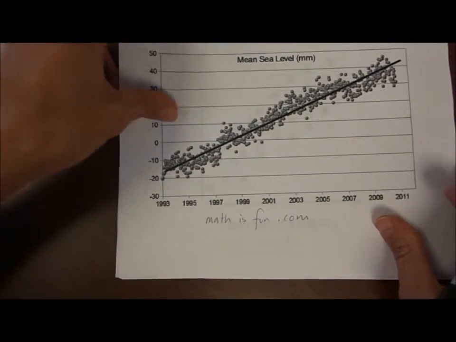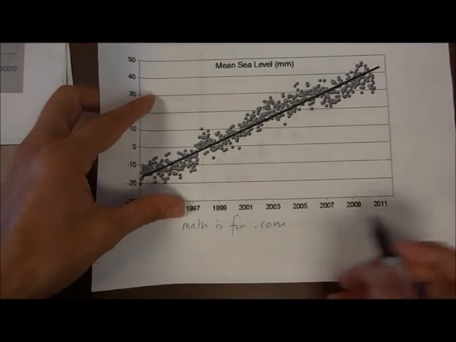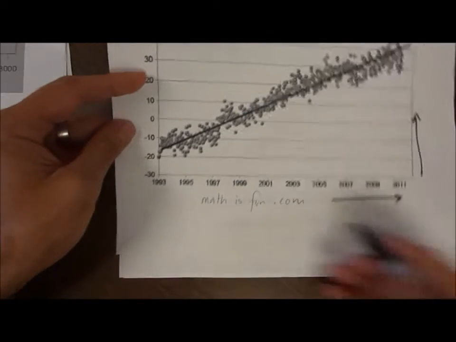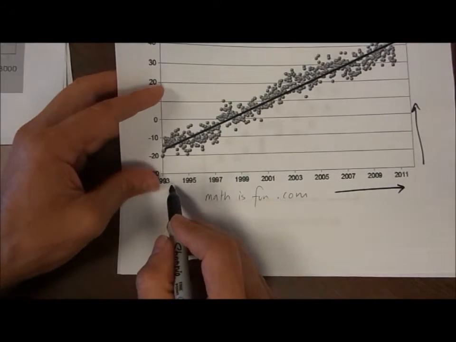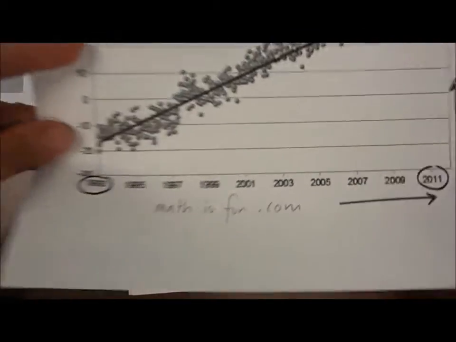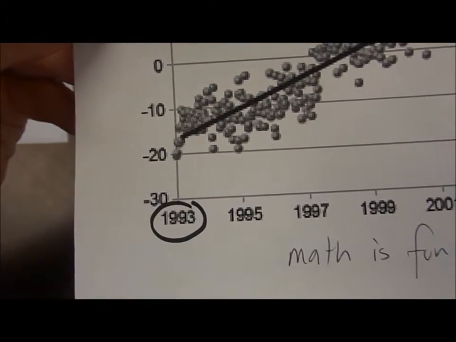Another one from mathisfun.com. I liked this one. This is a positive correlation once again. The higher the X value is, the higher the Y value is. This is actually time from 1993 up to 2011, and it's sea level.